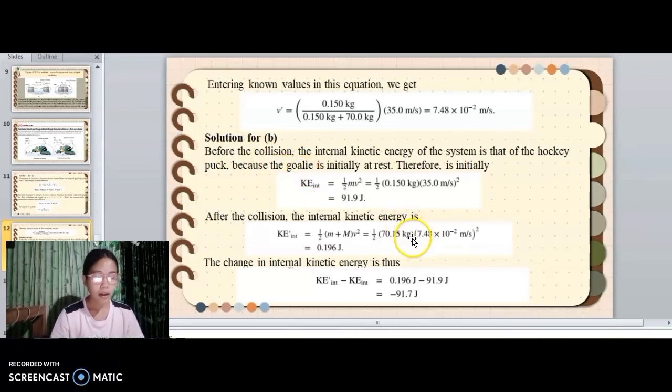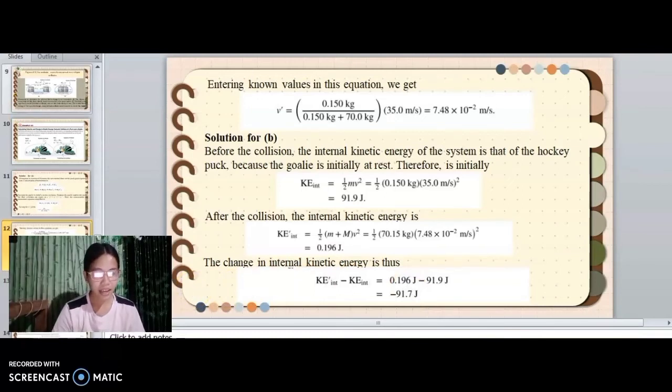After subtracting, we get negative 91.7 joules. Now, what does this mean? This means that the negative 91.7 joules is the energy that is lost during the perfectly inelastic collision.